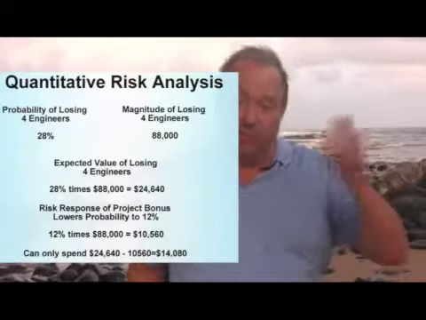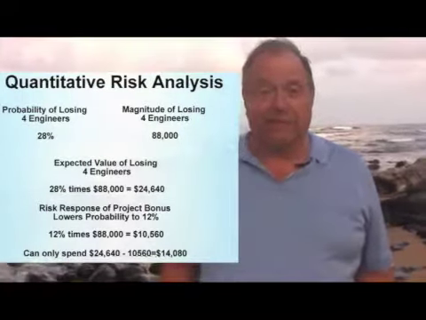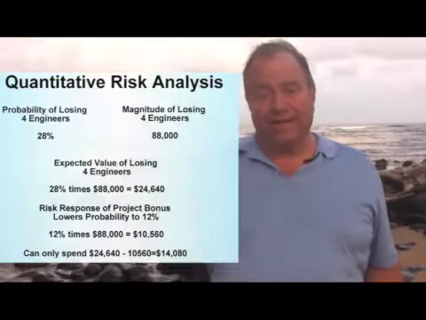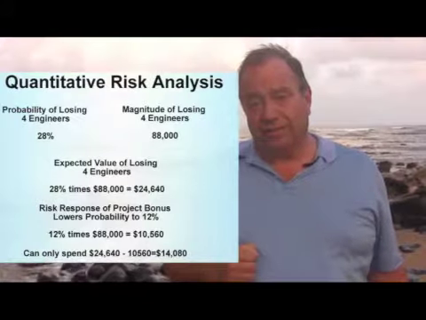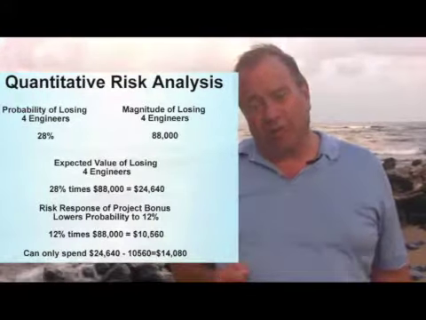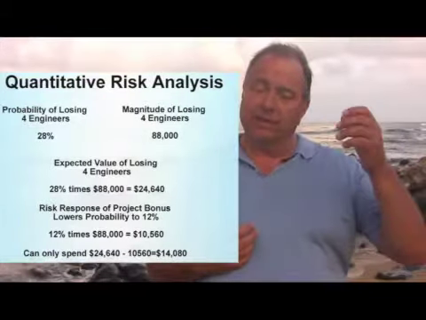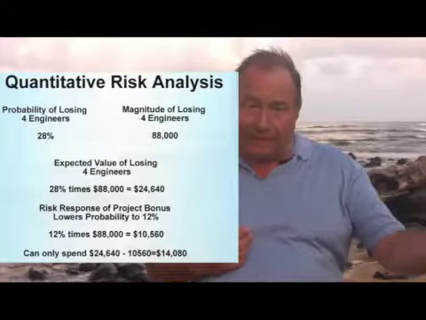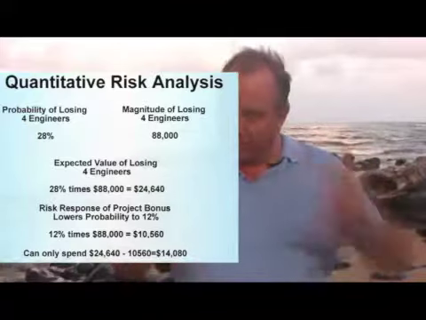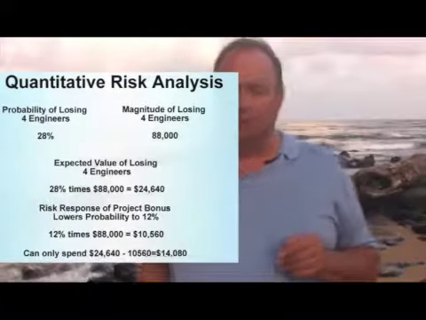This has a 33% chance of occurring on this project, and the impact is 200 days added to the duration, or the impact is $45,000 added to the cost of the project. So we have a number for both the probability and the magnitude of the impact, and we'll do some exercises with that, actually calculating that magnitude.